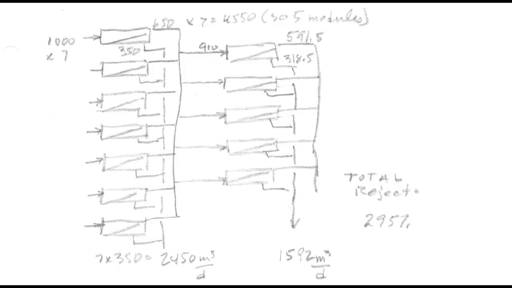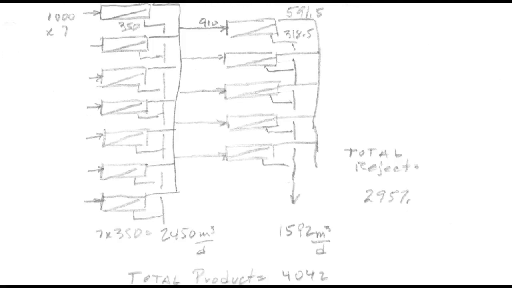So the total production of the first stage is 2,450 cubic meters, and with a feed of 910 cubic meters into the second stage, each of the second stage modules would produce 1,592 cubic meters per day.